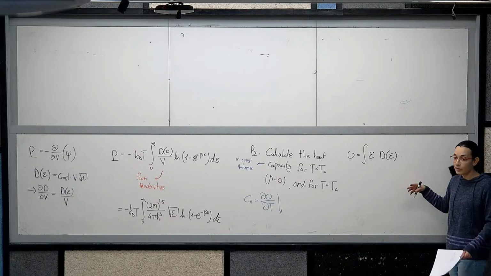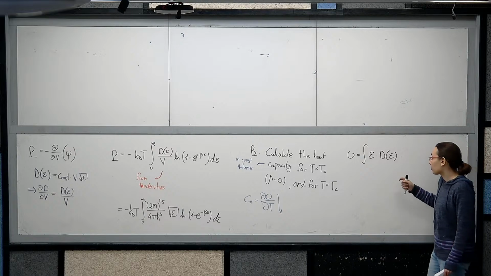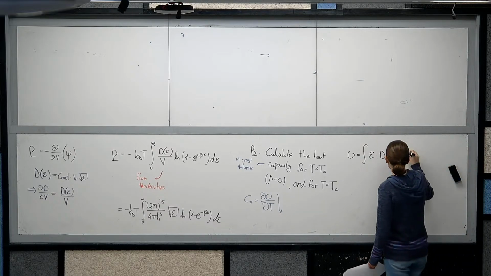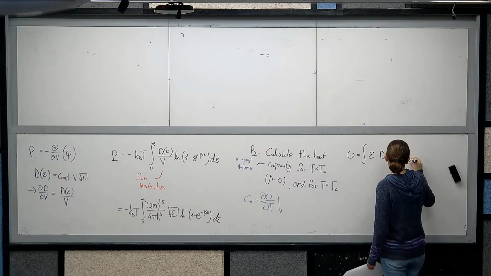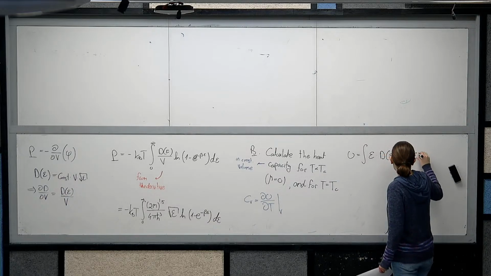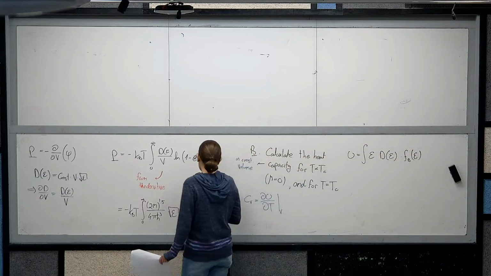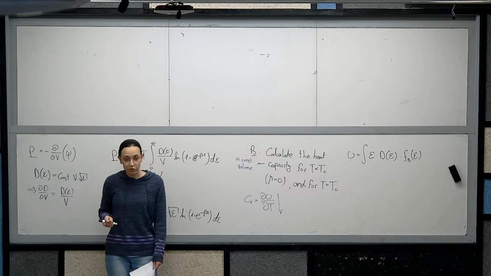If there are 2 particles in this energy level, it contributes 2 epsilon and so on. So we need to insert here the Bose distribution, that tells us how many particles on average are in each energy level.